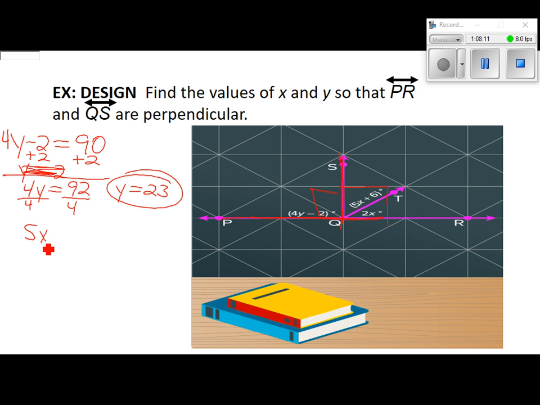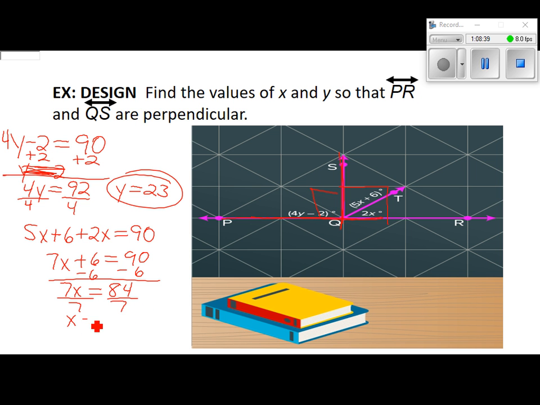Solve that. X equals 12. Everybody agree with x equals 12?